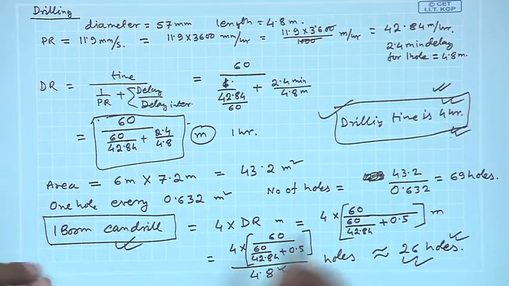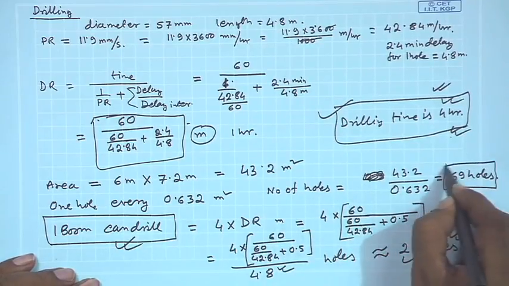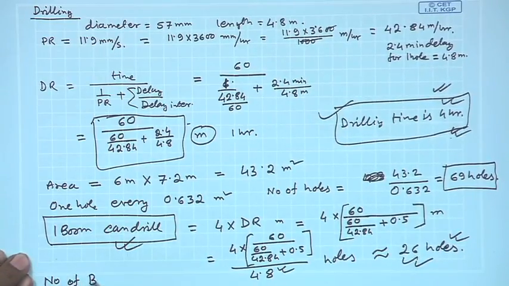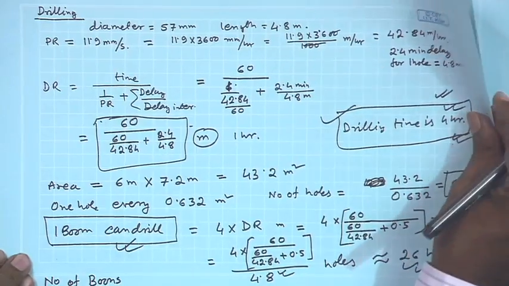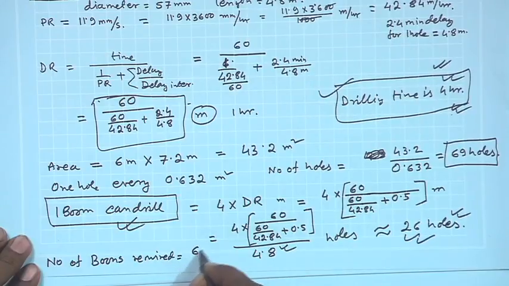For drilling, our requirement is 69 holes. So, to drill these 69 holes, the number of booms required is equal to 69 by 26, that must be 2 point something.